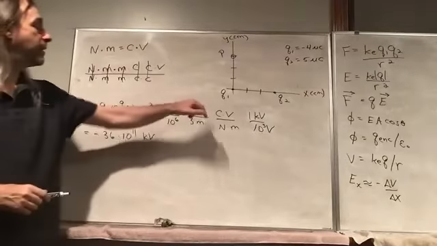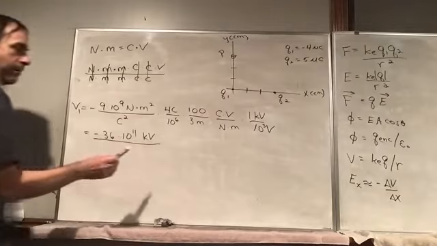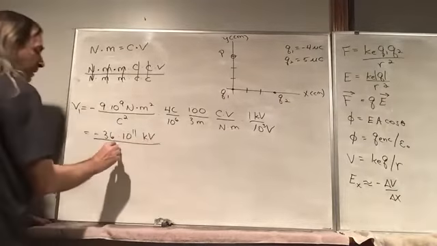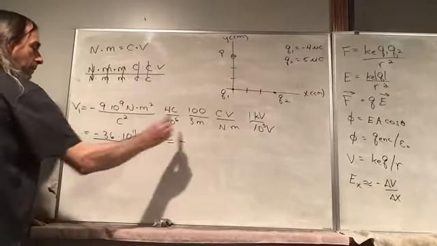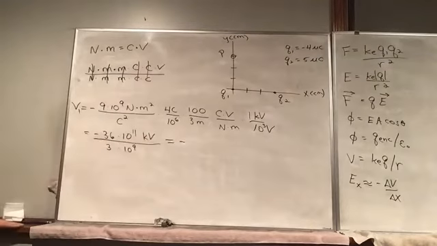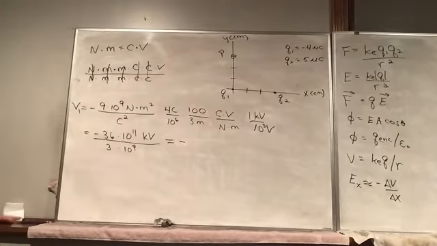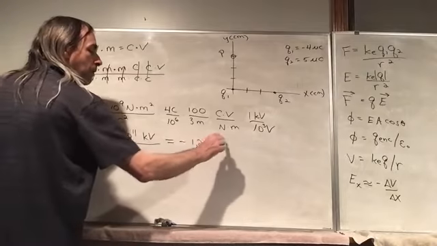So we just have 10 to the 11 on top, and then on the bottom we have 3 times 10 to the 9th. So 36 over 3 is 12. And then we have 10 to the 11 over 10 to the 9, that's 100. So that's minus 1200 kilovolts for V1.